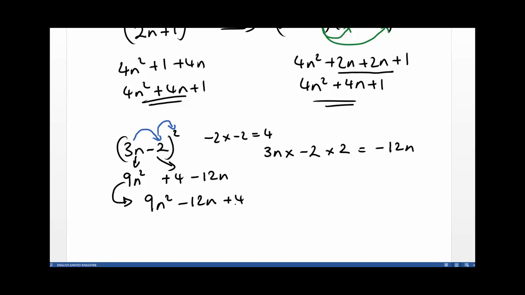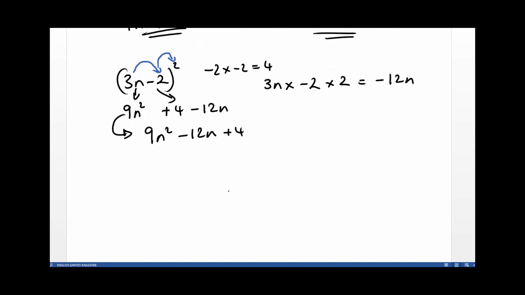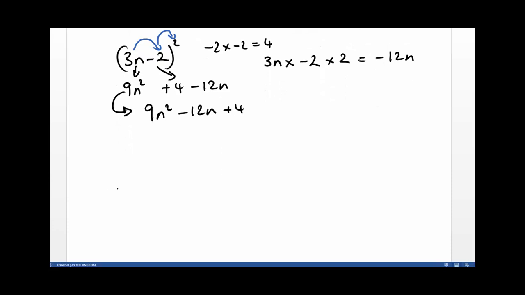Okay, let's do another one. Let's do, I don't know, 5n plus 3 squared. Let's do the first term.